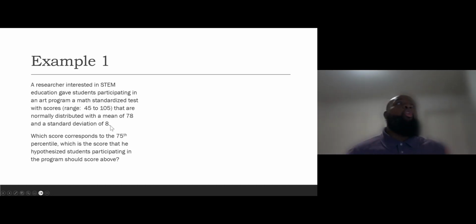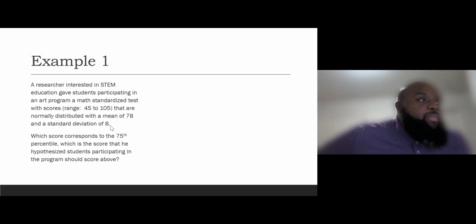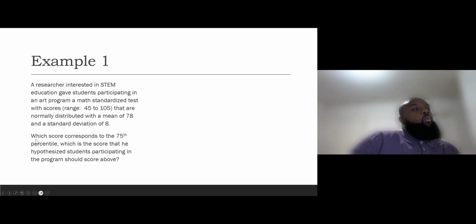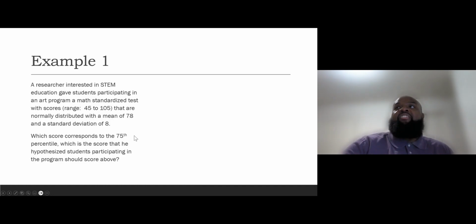So if this is a normed reference group, that is what we get from that norm group. What we want to find out here is which score corresponds to the 75th percentile, because this researcher knows or hopes that if students participate in this art program, then their math score should actually be above the 75th percentile.